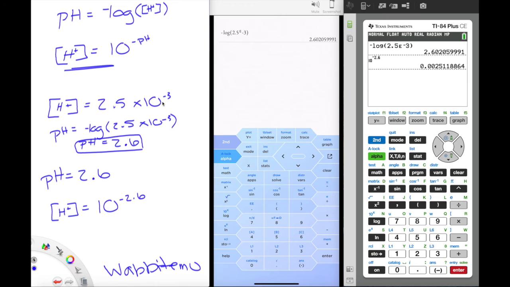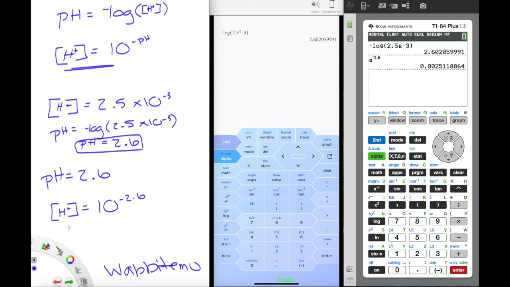So this doesn't look like this, but if we were to move this decimal over and put this number in scientific notation, then we would get the same number. So let's do that real quick. I'm trying to calculate hydrogen ion concentration.